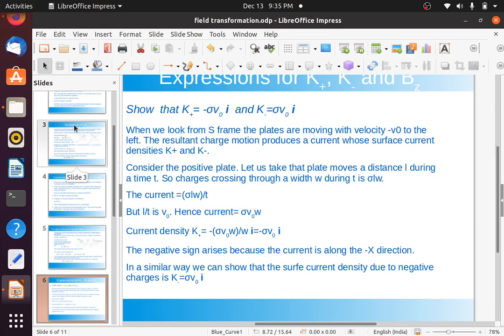K plus is equal to, dividing by W, minus sigma V0 I. That sign is put there to indicate the direction of the current density. Similarly, for the negative plate, by the same argument you can show that K minus is equal to sigma V0 I.